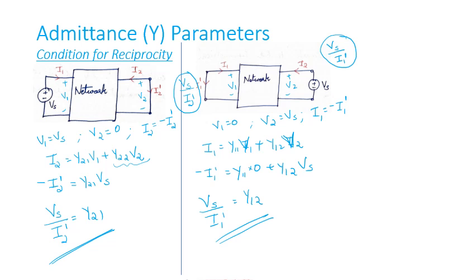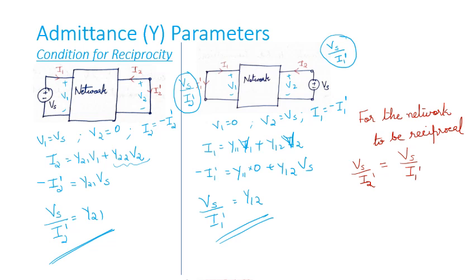And for this circuit to be reciprocal, the excitation to response ratio in both the cases should be same. That means Vs by I2 dash should be equal to Vs by I1 dash. Then only we can say that the circuit is reciprocal. And Vs by I2 dash is Y21 and we got Vs by I1 dash as Y12. So the network will be reciprocal only if Y21 and Y12 are same.